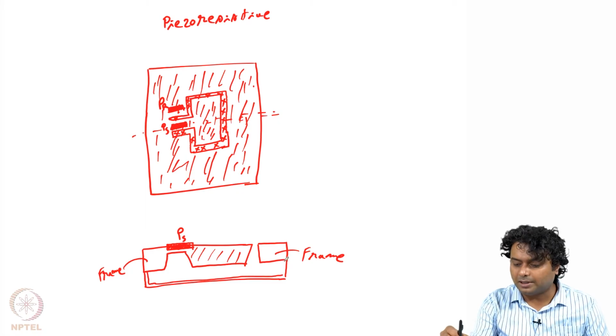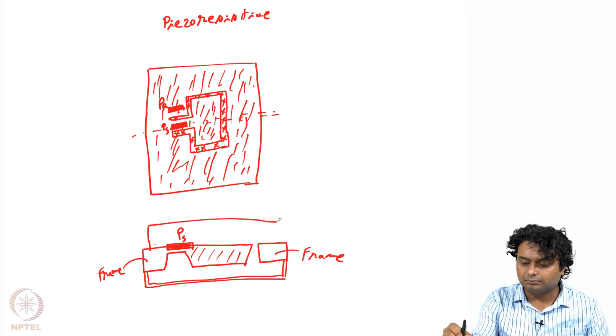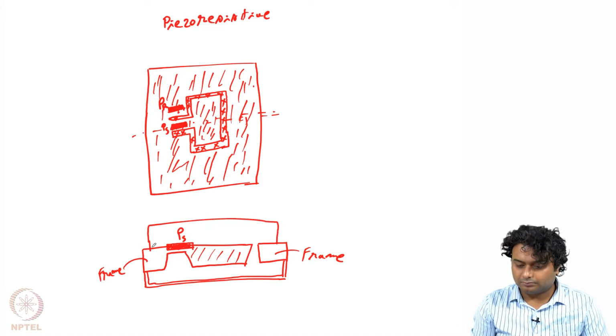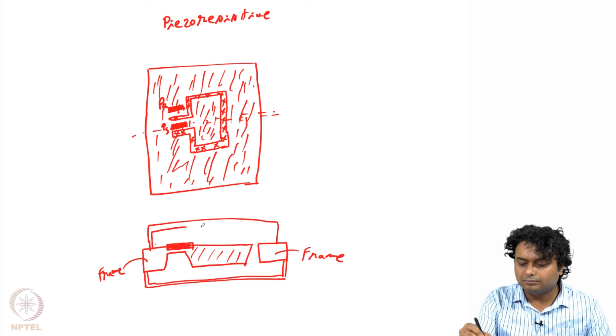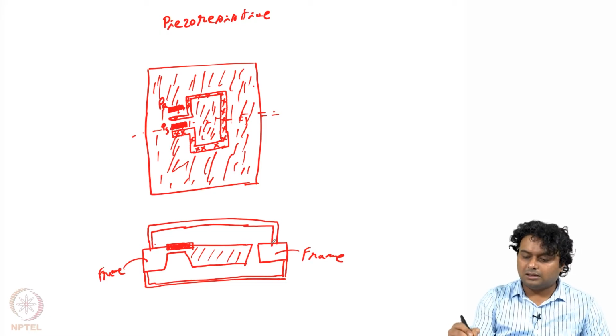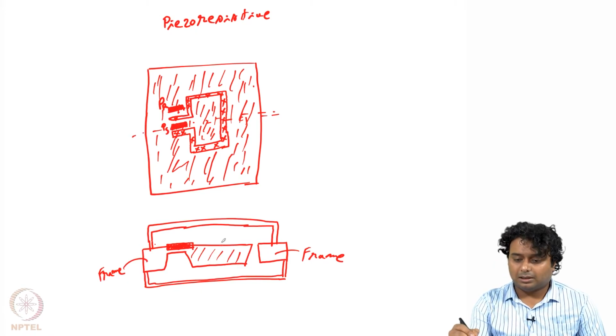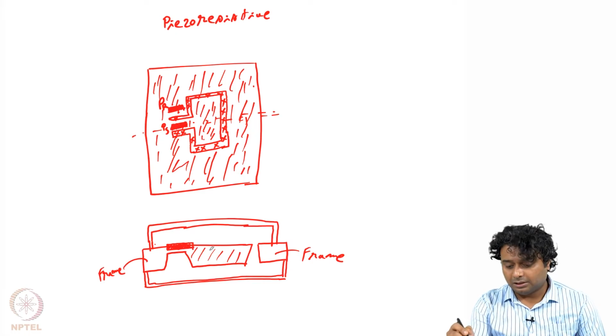So this is like the bottom cap and the top cap, and you see that this is not the membrane, rather it is the seismic mass which is actually moving. It is like a cantilever, but the head is much bigger than its anchor region in geometry.